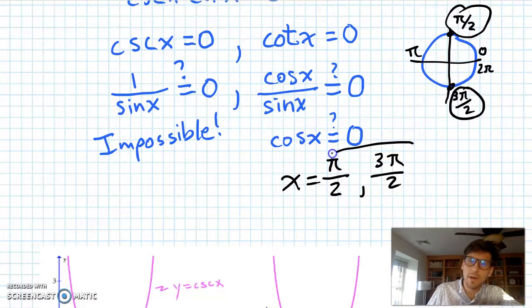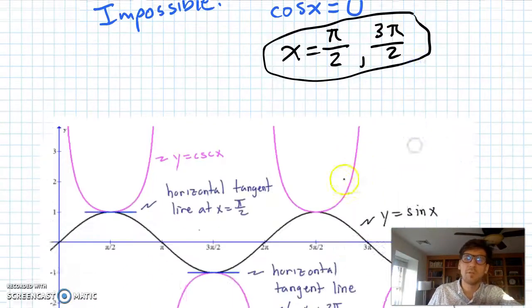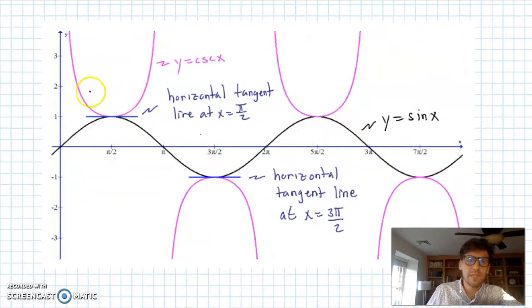And I've already prepared the graph down here below, and if we look here, this is this funky graph where we've got cosecant of x up here. This is the cosecant of x, that inverse one. Here's the sine of x one. So it's got a horizontal right here at x equals pi over 2, and it's got a horizontal right here at 3 pi over 2.